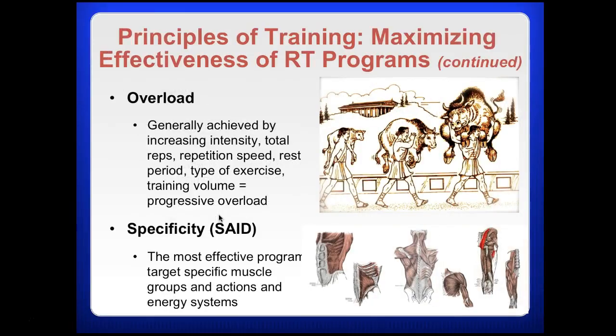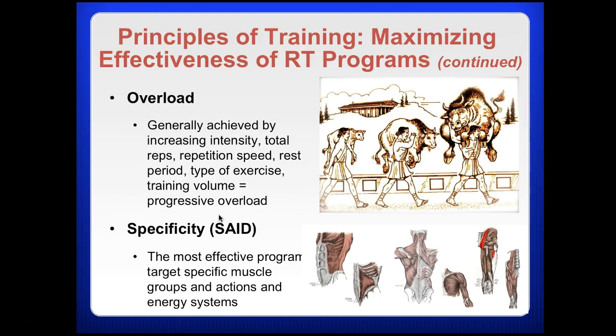Next, we have our third principle, which is overload, and we've discussed this in class as well. We use this overload principle in order to enhance muscular performance. Our body must exercise at a level beyond that at which it is normally stressed.